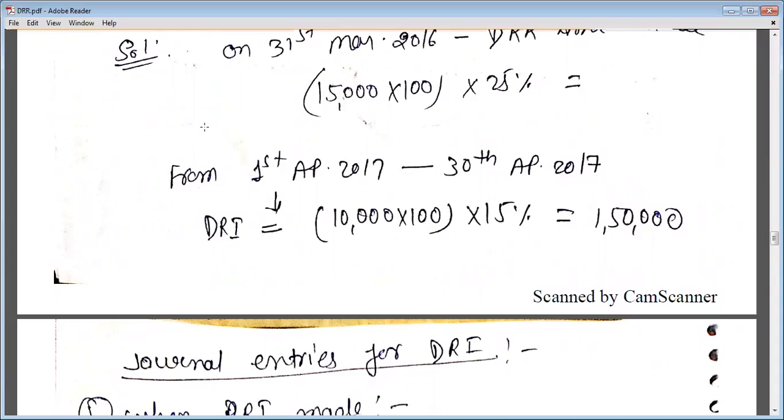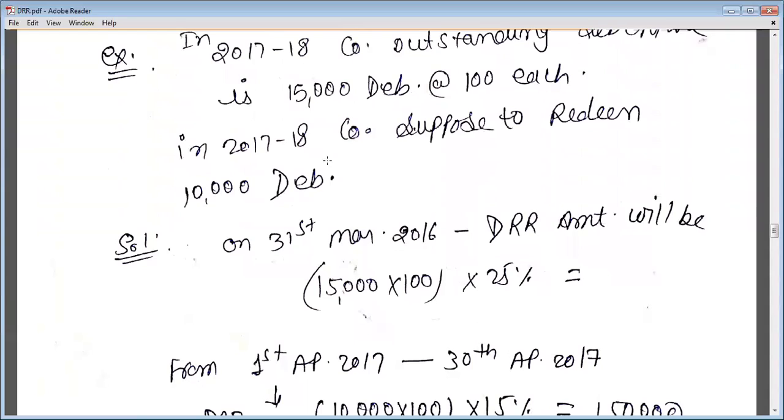That means in the first month you have to invest an amount equal to 15% of the nominal value of redeemed debentures in DRI. Okay, that means you are going to redeem 10,000 debentures. So अब DRI जो बनाना है वो आपको जो आप debentures redeem करने जा रहे हो उनकी फेस वैल्यू पे बनाना है, जबकि DRR आपको आउटस्टैंडिंग अमाउंट पे बनाना है.